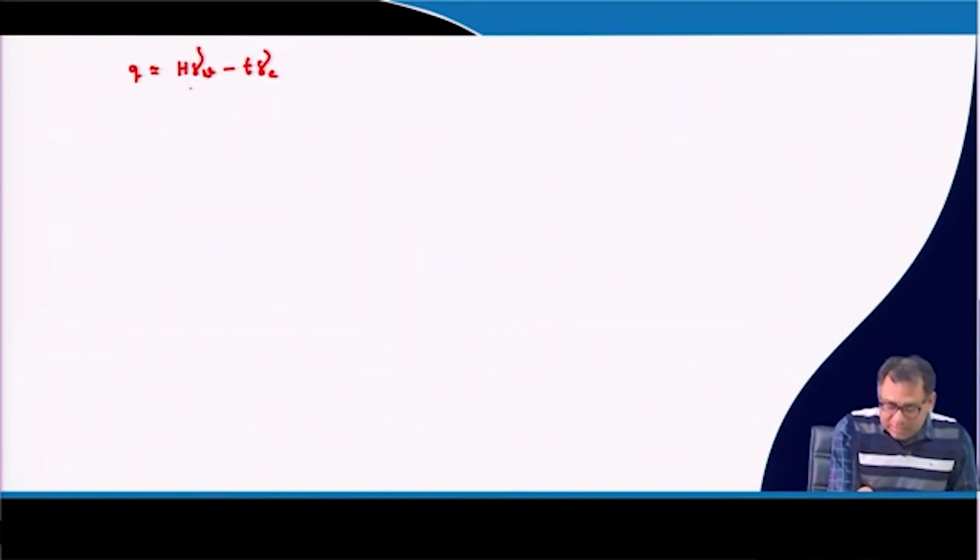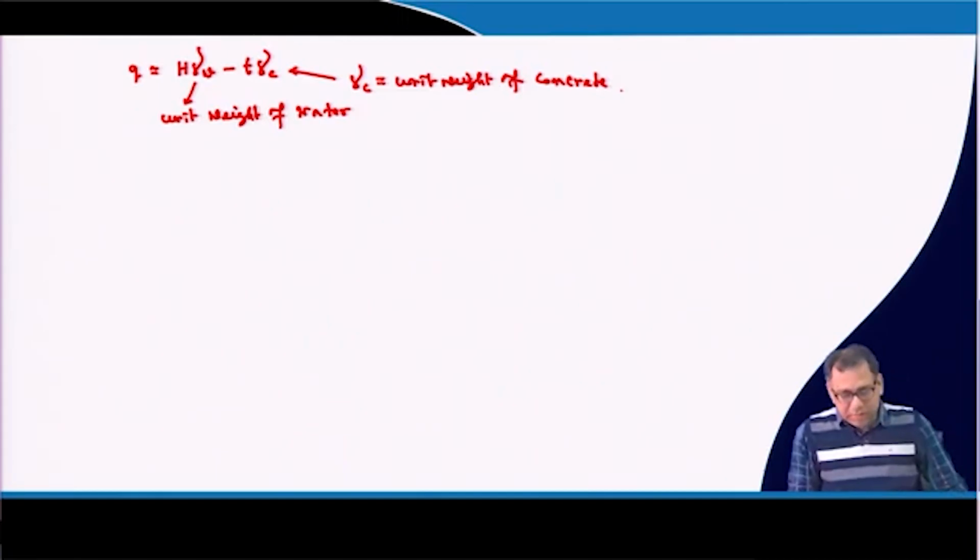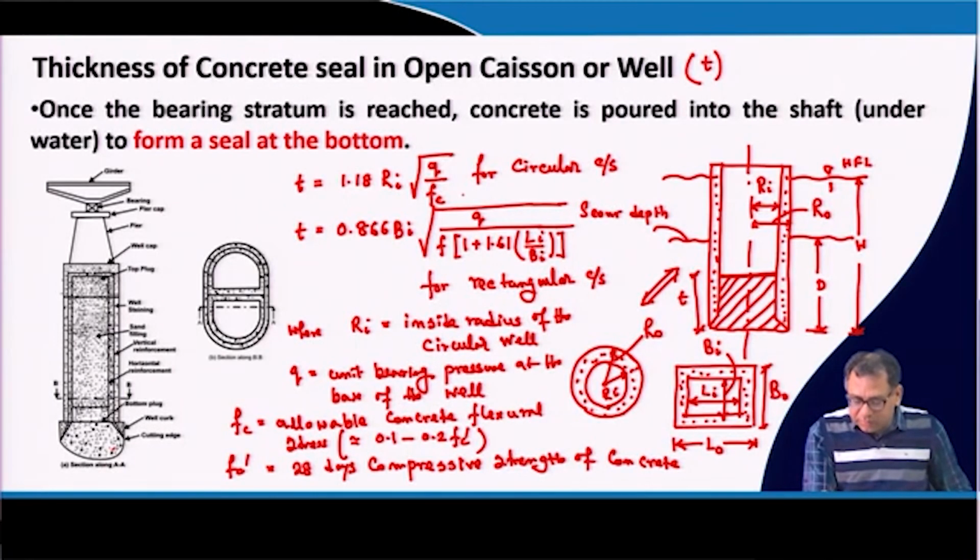This gamma W is the unit weight of the water, and gamma C is the unit weight of concrete. So this way, once we know Q and fc, which we get from the 28 days compressive strength of the concrete, then we can determine the thickness of the well.